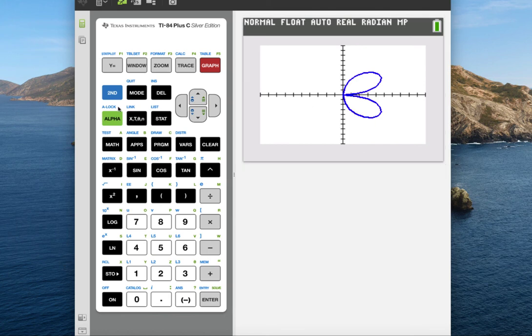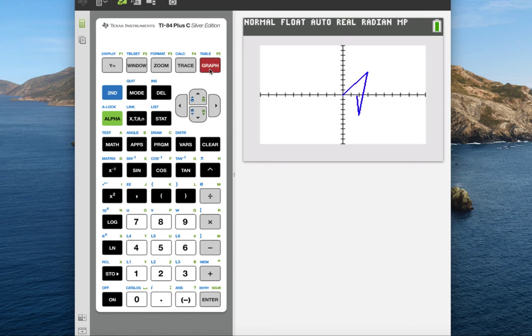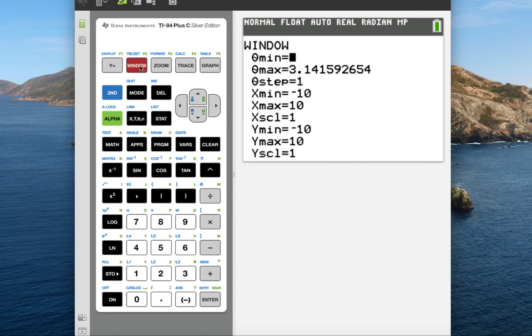Last thing I just want to point out about the calculator is that if you ever see what you think is probably an incorrect graph, here's one thing that could be happening. Your theta step might be way too big. So if I change to a theta step of 1, you get something really goofy here. Understand that the theta step is telling you how often to basically check the value, right?